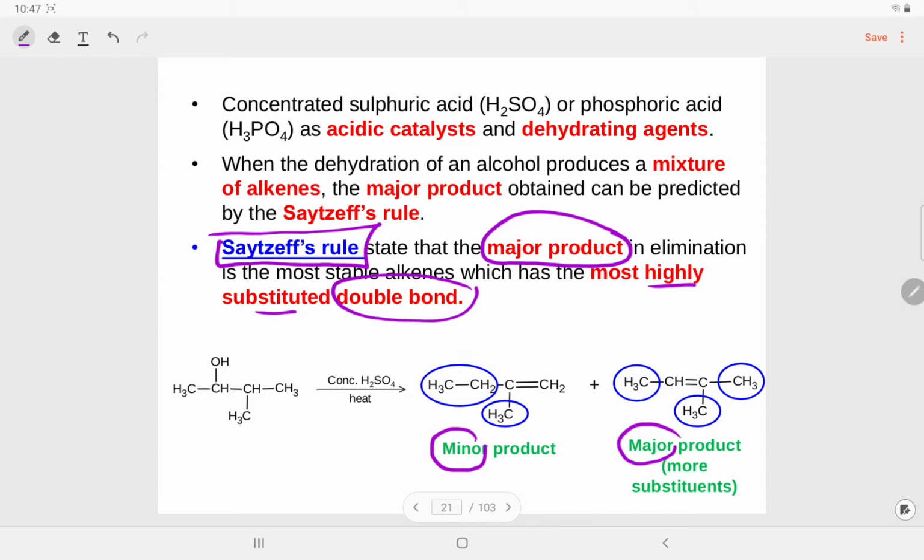If the equation gives you two or more products, it means that in the step mechanism there is a stage of rearrangement. So the major product must have the carbon-carbon double bond attached to one, two, three alkyl groups. This is the major product according to the Saytzeff rule.